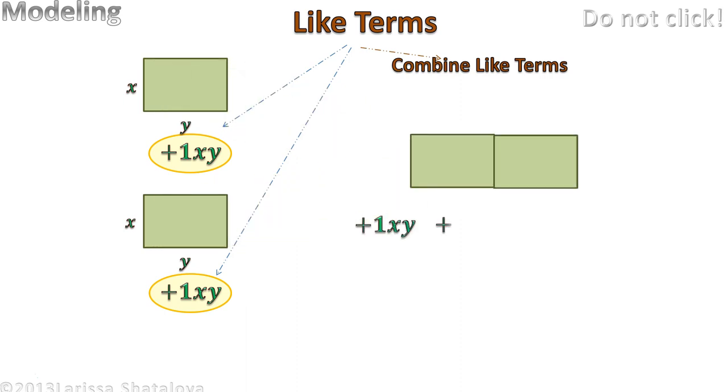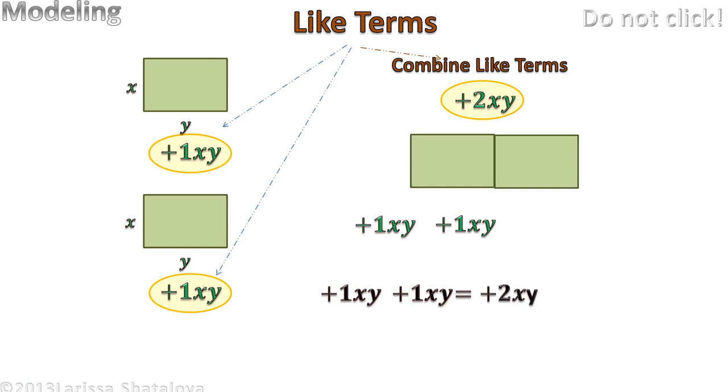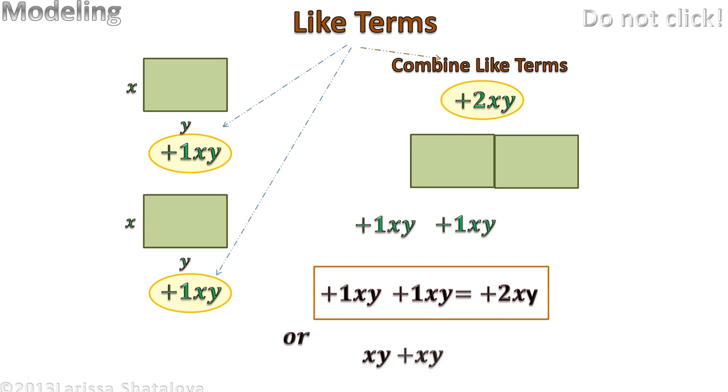Together it will be positive 2xy. Or we can add them algebraically. It will be positive 1xy and positive 1xy equals positive 2xy. Or we can show x times y and positive 1xy equals 2xy.